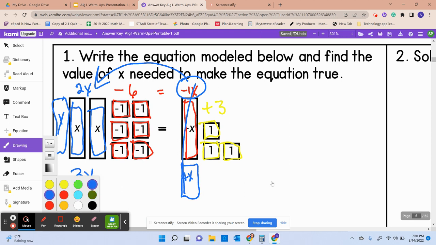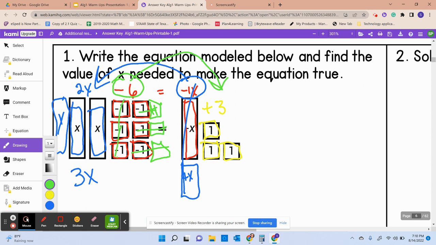Well, the same as moving or matching and moving, to cancel out this negative 6x and get that over here to the positive 3 side, we would need to add 6 blocks to cancel these out right here, because each one would match up with a positive 1.